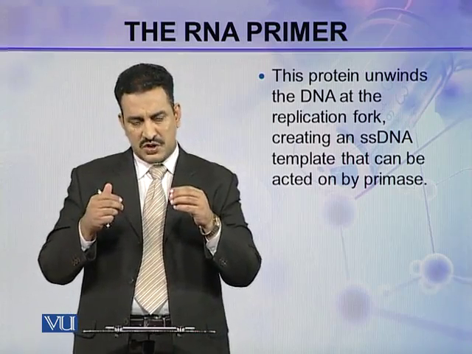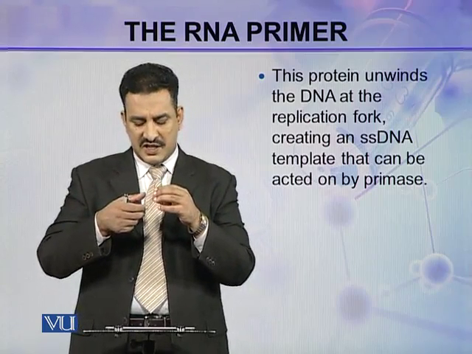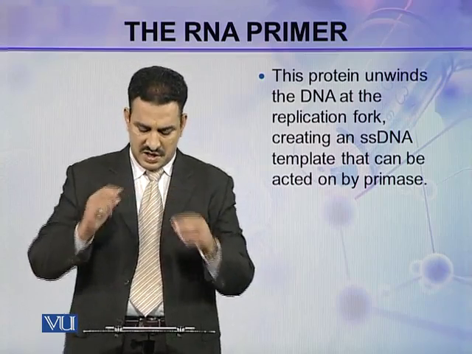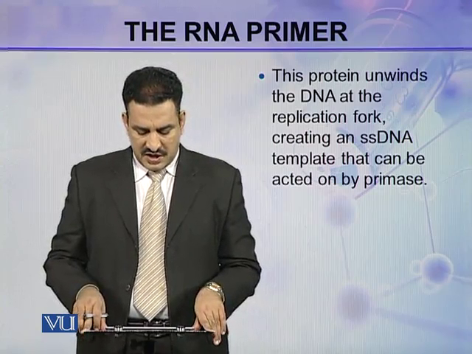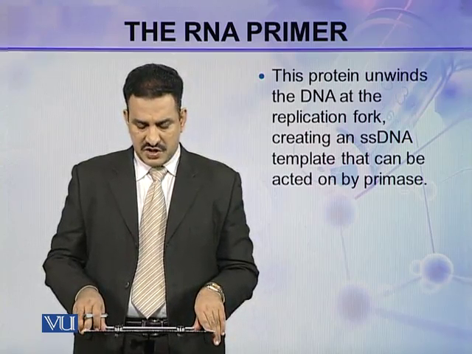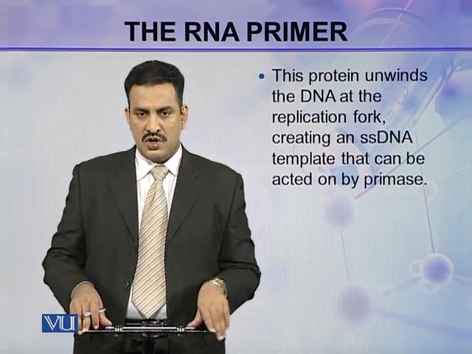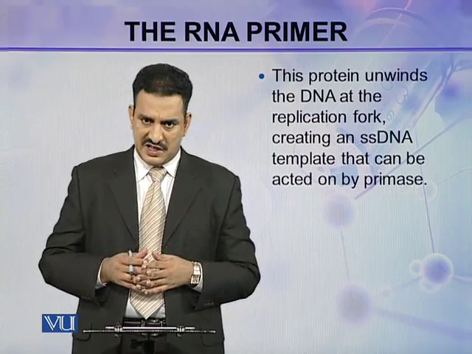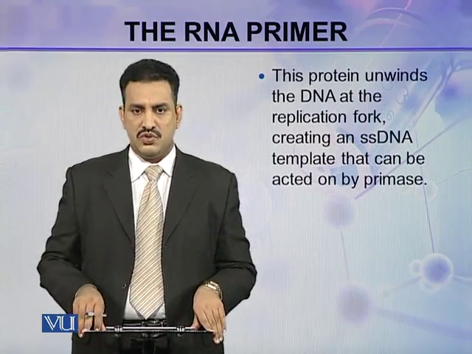So if this fork keeps on moving, the winding must be unwound. It creates a single-stranded template that can be acted on by the primase. So the presence of the enzyme DNA helicase helps the DNA primase to synthesize new primers.